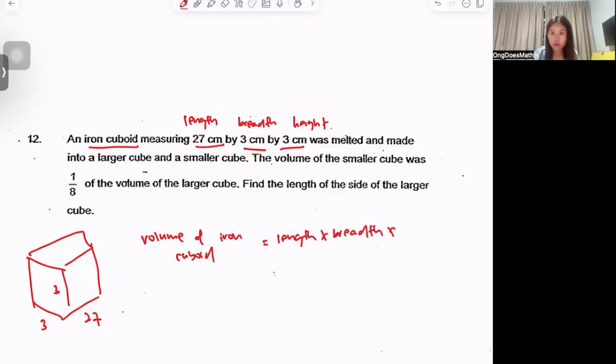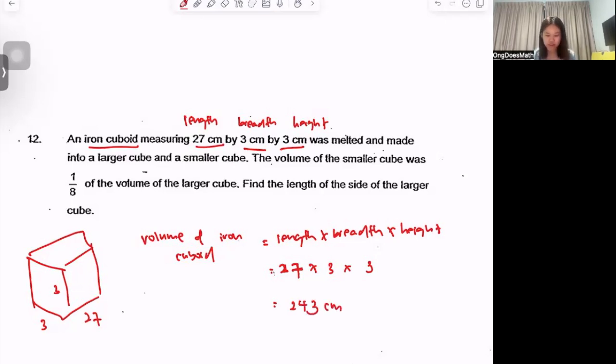Good. So that should give you 27 times 3 times 3. And that should give you 243 cm cube.